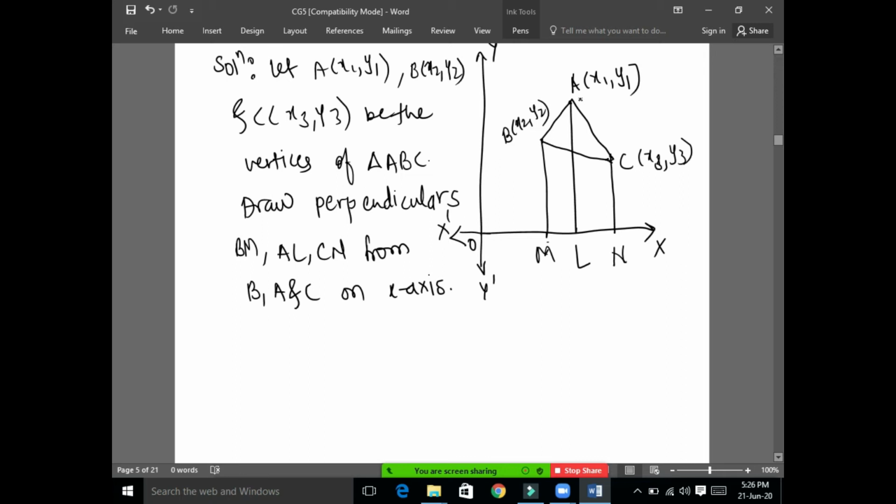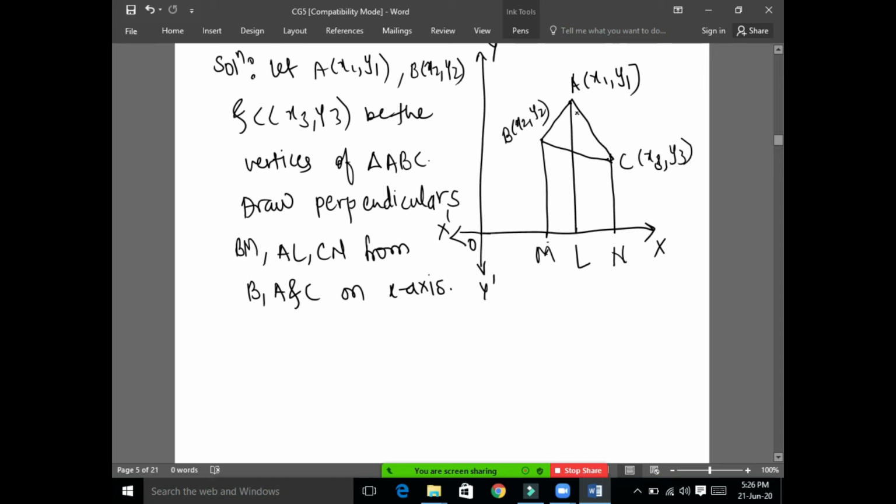The area of triangle ABC can be obtained by adding two trapeziums, that is ABML, the second trapezium is ACNL, and by adding these two trapeziums we get the whole figure, but we only want triangle ABC. So from this addition we have to subtract the third trapezium, that is BCNM. This is obvious from the figure.